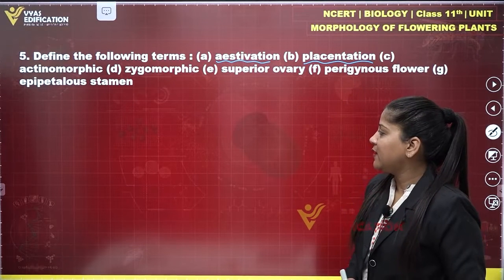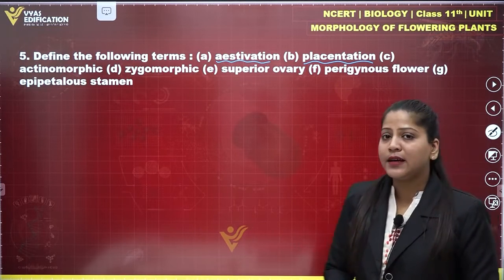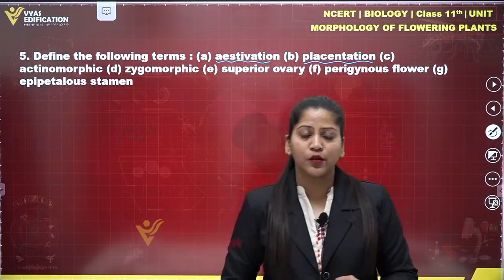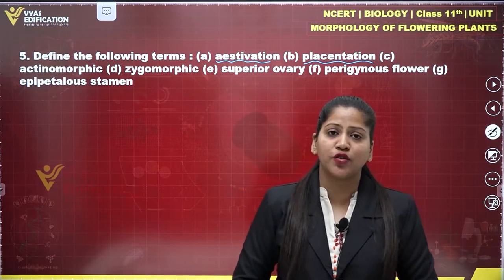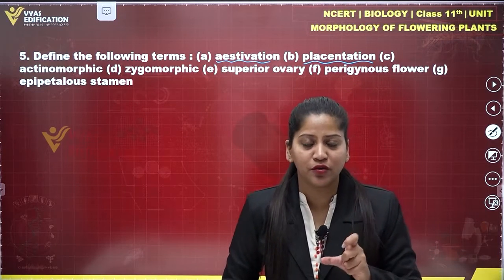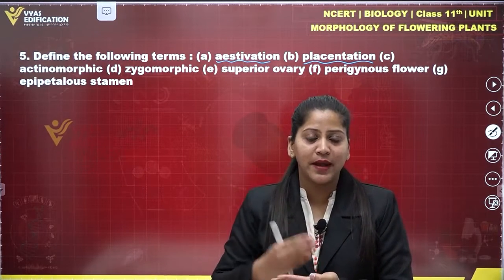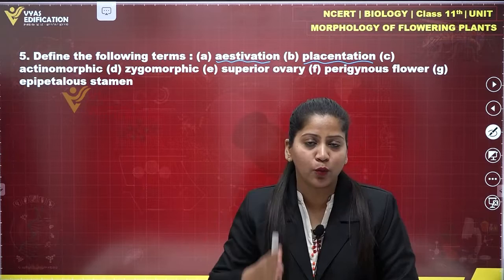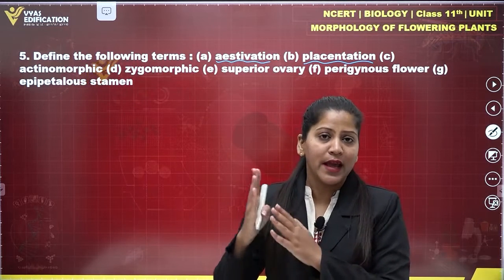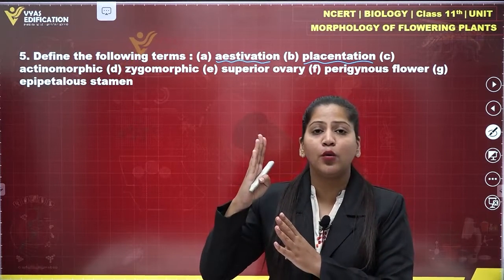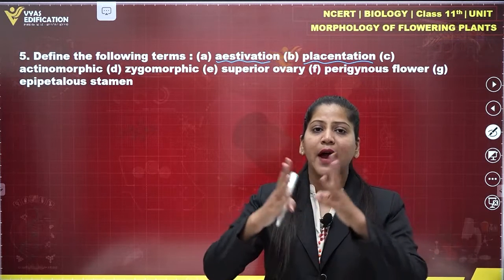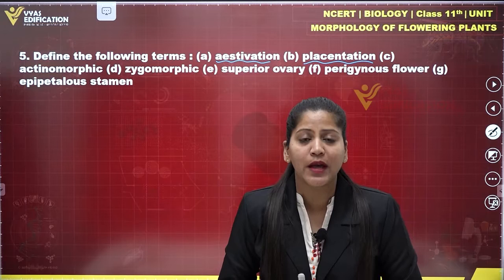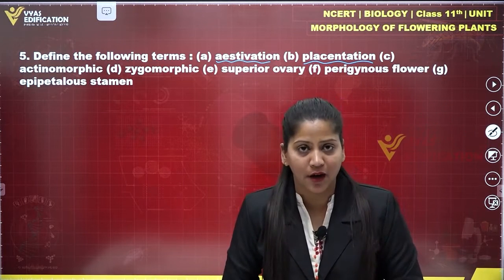Then the next term to define is zygomorphic. Zygomorphic is also a symmetry found in flowers of a plant, in which only one plane passing through the center of the flower divides it into 2 equal and similar halves.